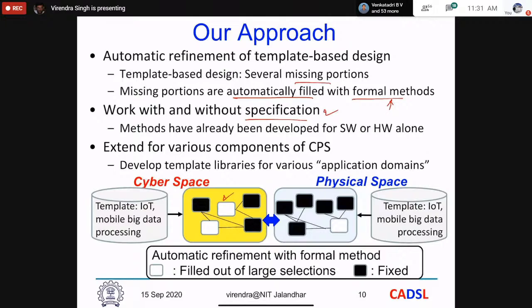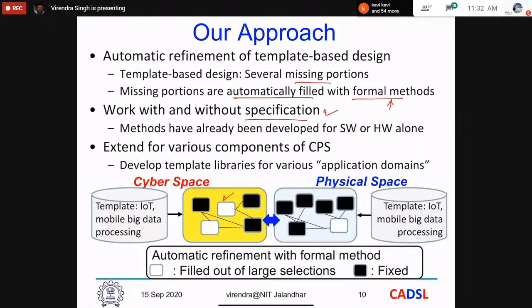You may have a partial specification, and many times you feel handicapped because you cannot progress when you do not have the complete specification. So we are looking at whether we need the full specification, or whether we can work even without it. And I'll show you that even without specifications, you can get your work done.